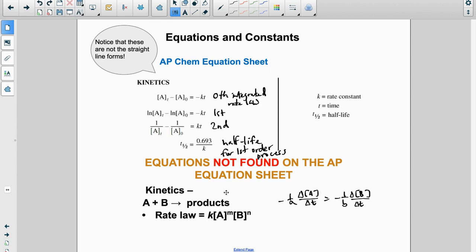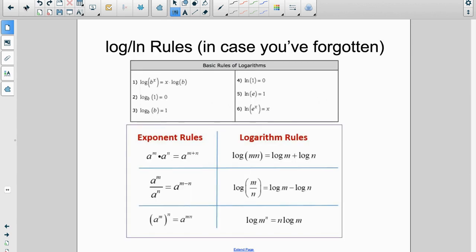If these are things that you need to memorize, then you should memorize them. Here are some log rules that I want to remind you of. e to the natural log of x is equal to x. So if you take e and raise it to a natural log, you get x back.